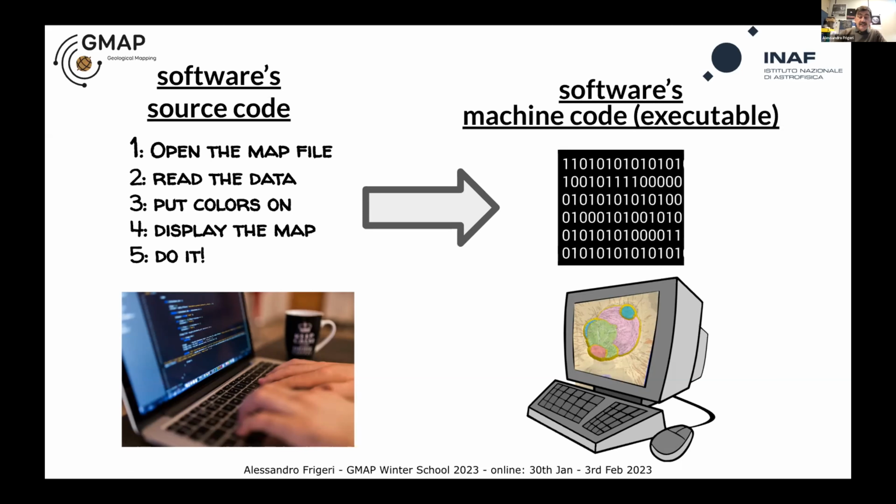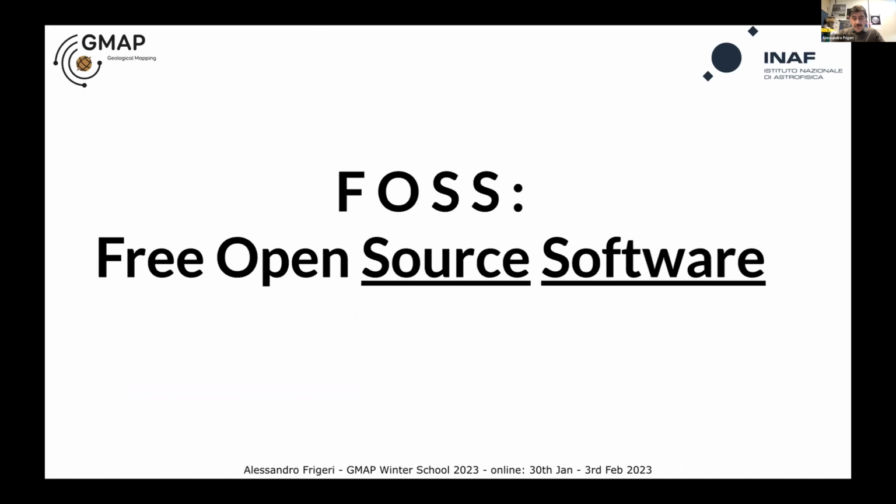And in case we write a good software to display the map, we are able to see on the display of our computer the geologic map of the Olympus Mons caldera, which was the task that we wanted the computer to do. This is important because within free open source software, the access to the source is very important.